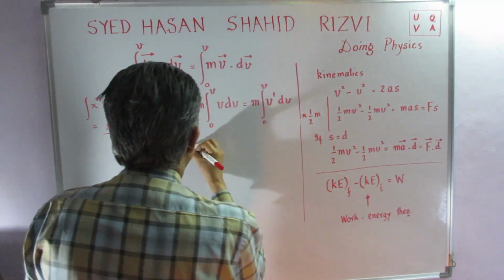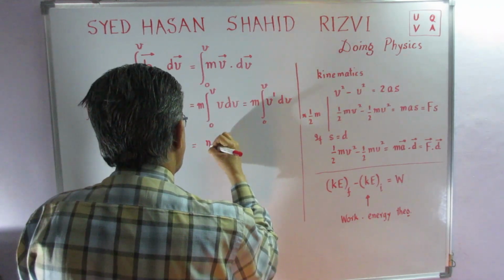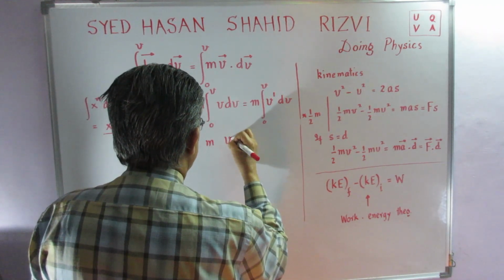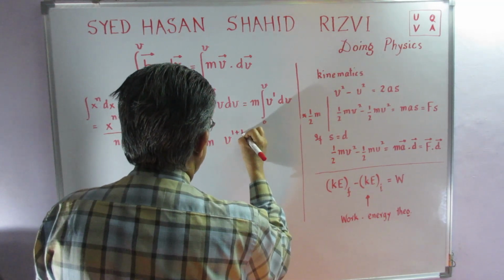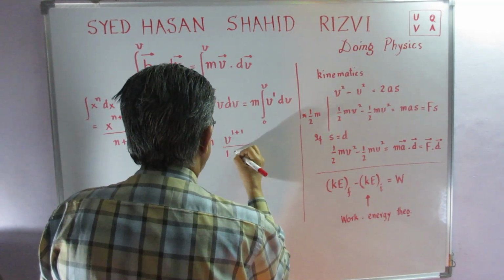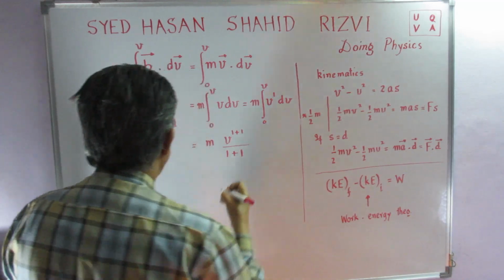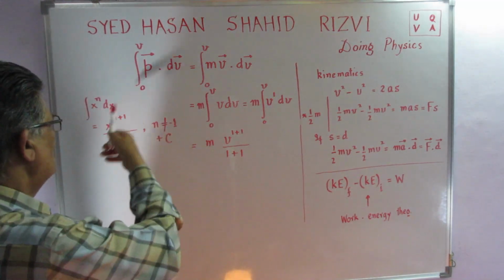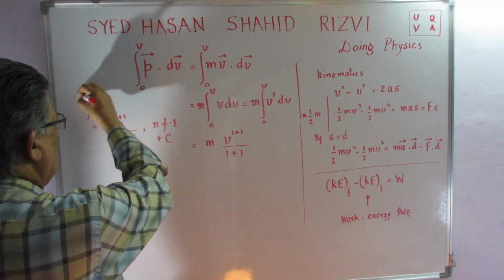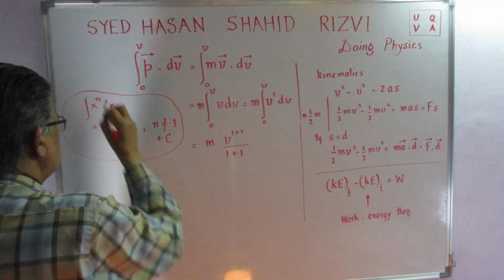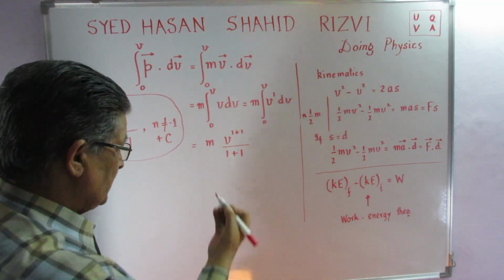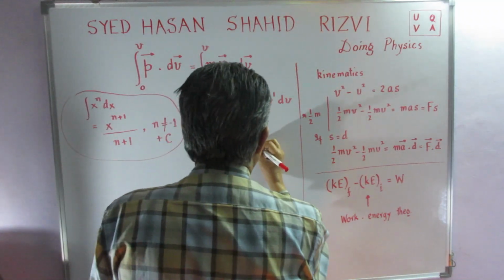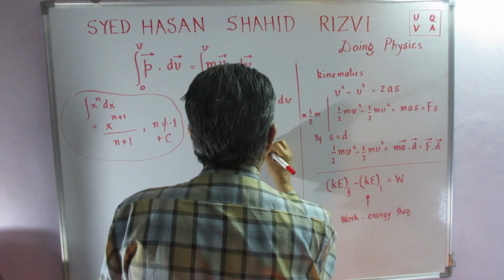Now we apply the formula. This is m times v raised to the power of 1 plus 1 divided by 1 plus 1, and this turns out to be the beautiful relation which I have written earlier.